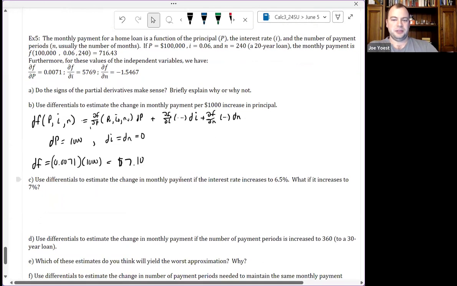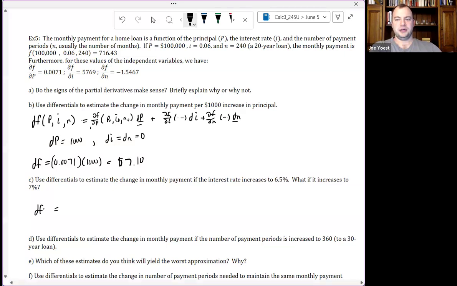What if I want to estimate the change in monthly payment when the interest rate changes and the other things are held the same? To say the interest rate increases to 6.5 or 7%. Well, now dP is zero and dN is zero.